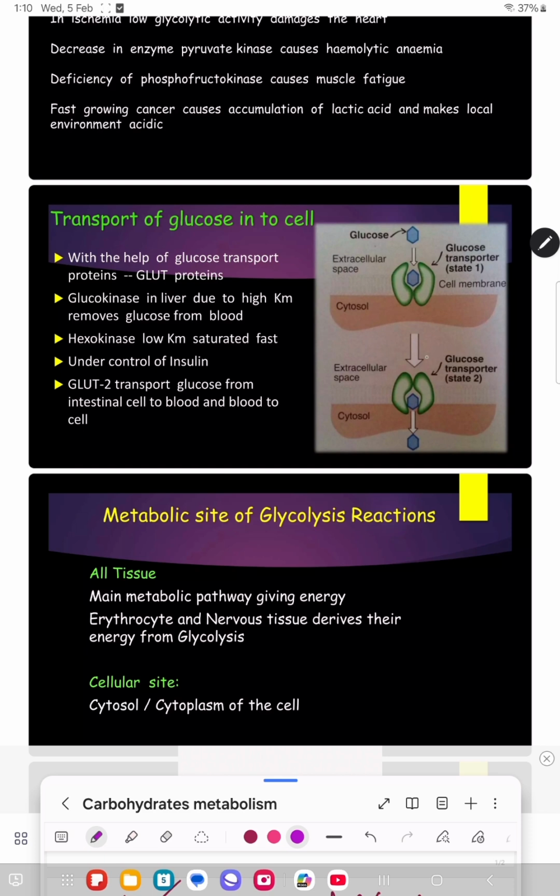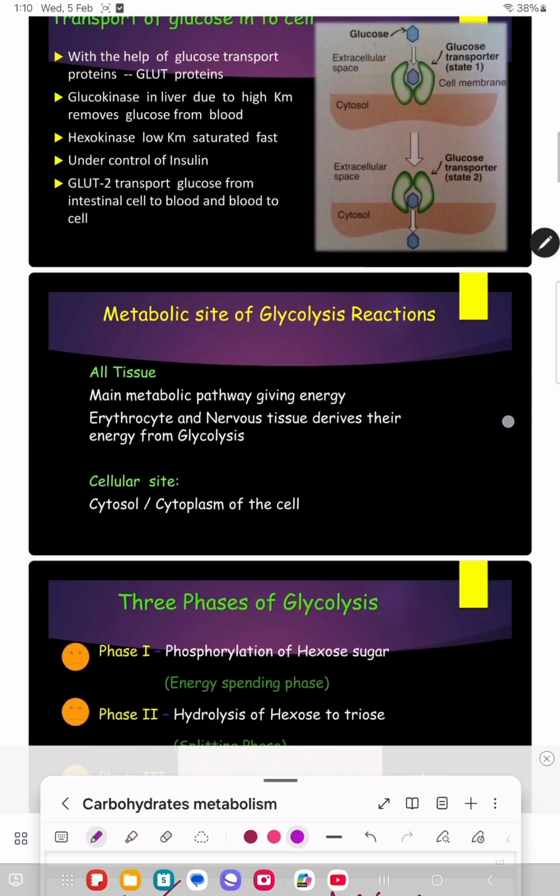Here you can see the glucose transporter state 2. This is about state 1 and state 2. You can see the conformation here and also the conformation here. There is a change in the conformation, and the glucose molecule is transported from outside to inside the cell. The GLUT2 transporter is involved here in the cells.